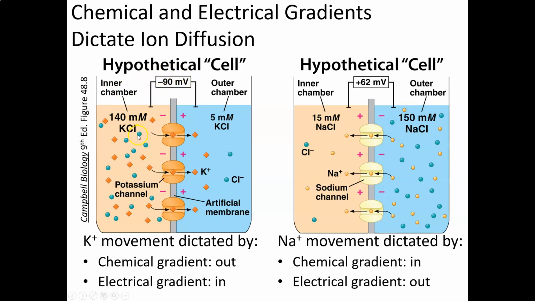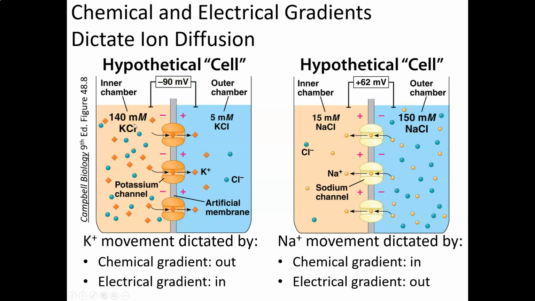So the equilibrium potential is defined when a cell is permeable to one and only one ion, and the electrical gradient is equal and opposite to the chemical gradient. So there's no net movement of the ion. So that's where the word equilibrium potential comes from. And it has to do with a couple different factors.